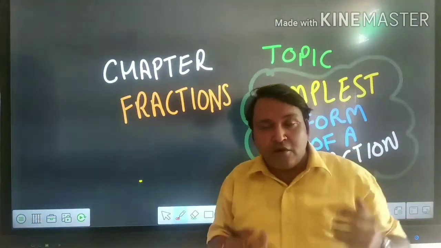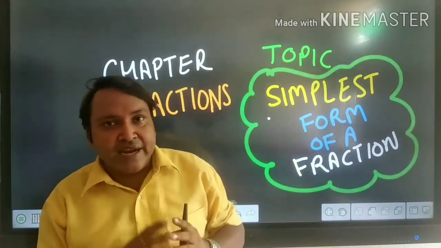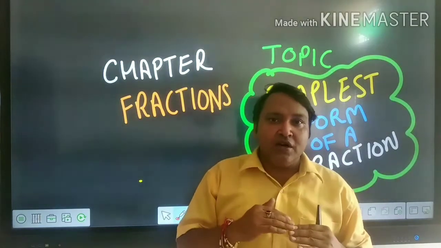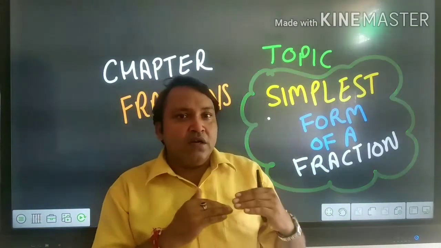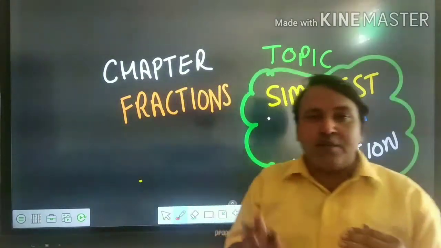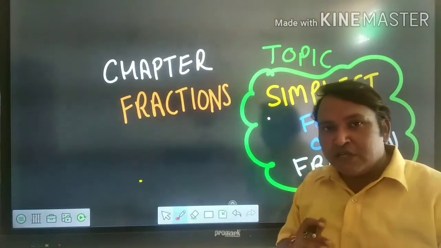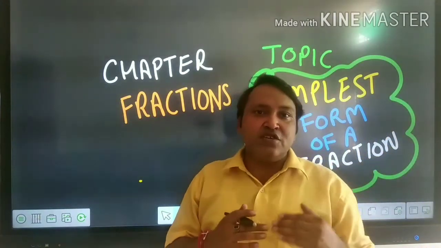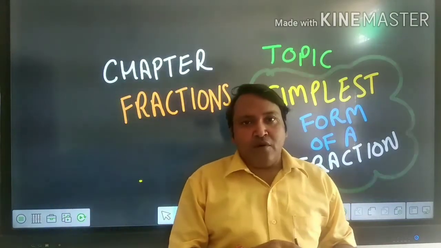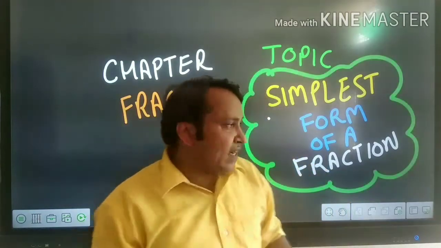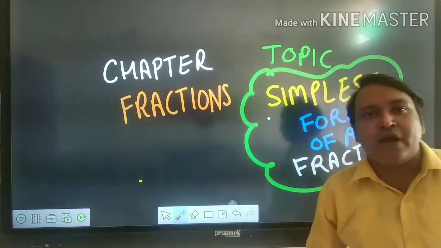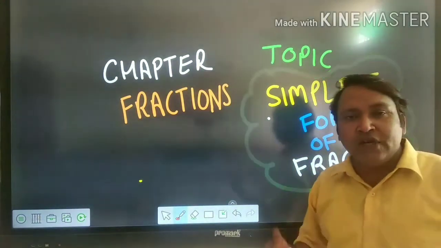Simplest form is that form of the fraction where it cannot be divided by any number which is common among the numerator and the denominator, because when we convert any fraction to the simplest form, we divide the numerator and denominator by the same HCF. So what is the HCF? That is what we will have to find, and how to convert the various types of simple fraction to the simplest form we will learn in this video.